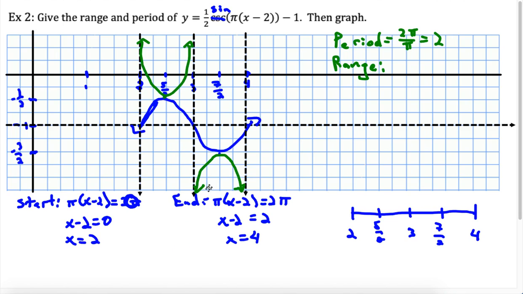So that's going to be negative infinity all the way up to -3 over 2. And -1/2 all the way up to infinity.